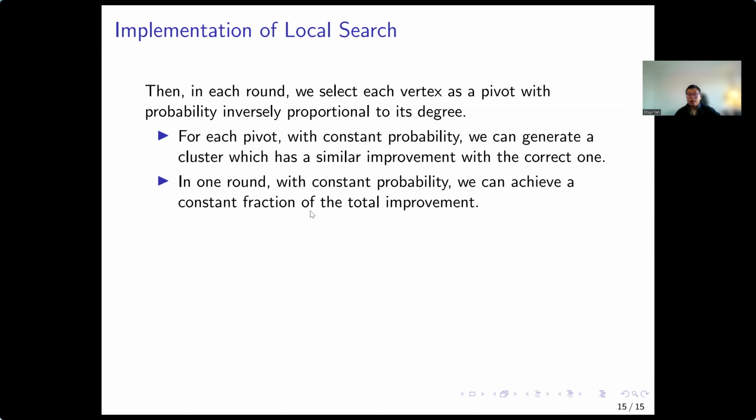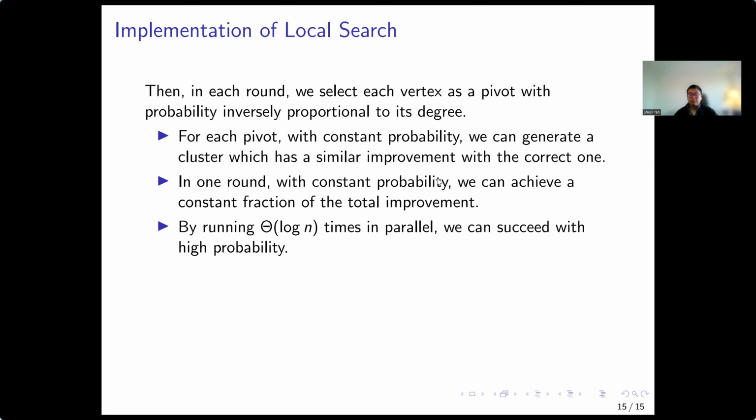And then in one round with constant probability, we can have a constant fraction of the total possible improvement. And then we can boost the probability by running theta log n copies in parallel. Then we have a high probability result.